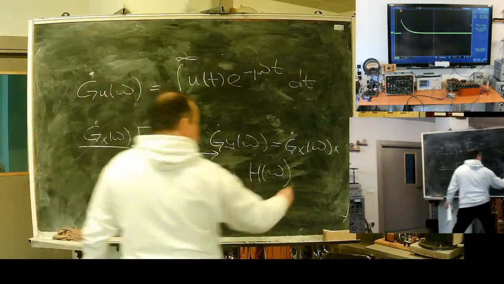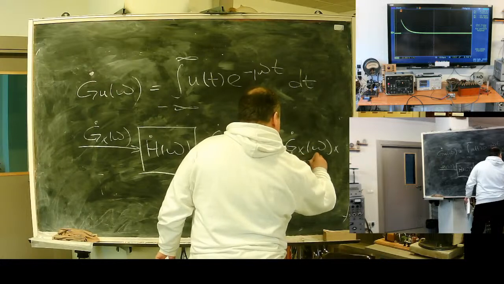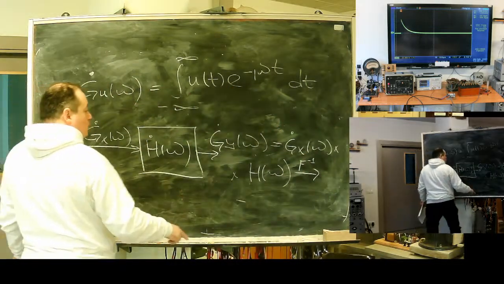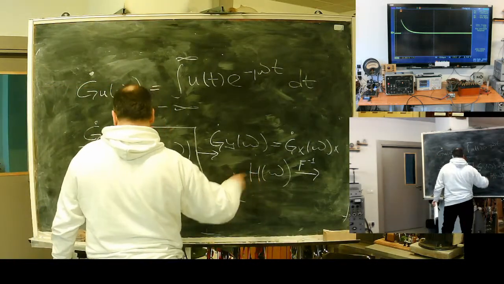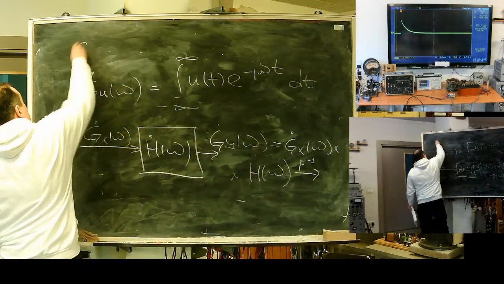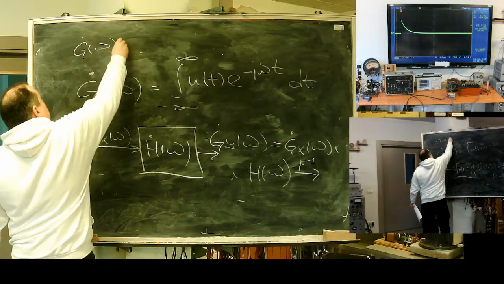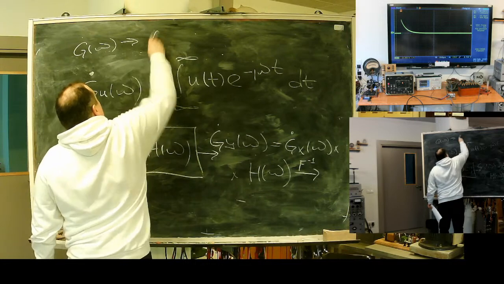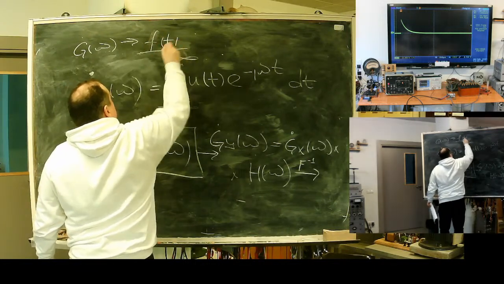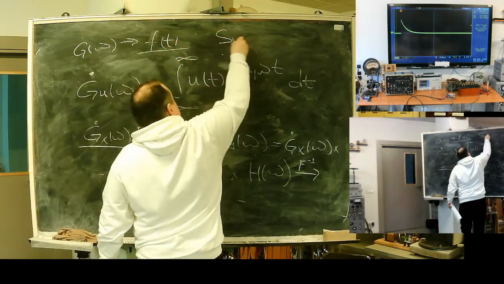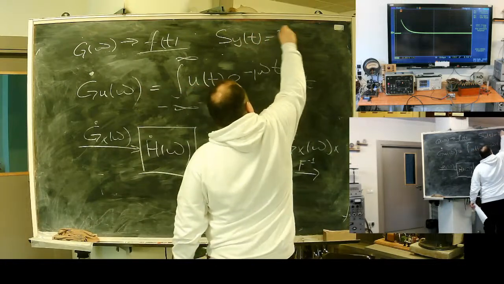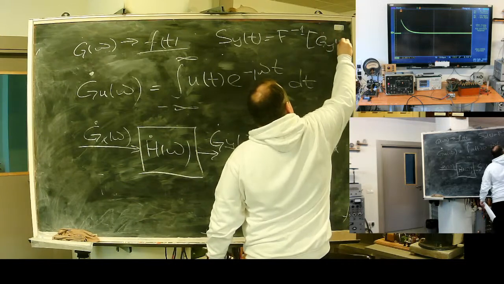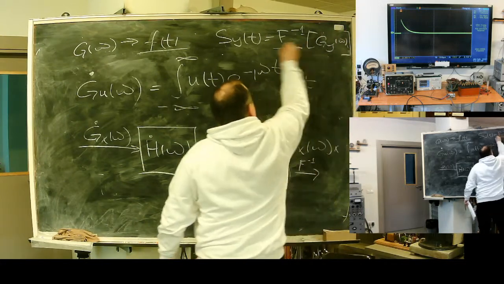We need inverse Fourier transform. We need a way to go back from spectral function to function of time. So we need Sy time will be a result of Fourier transform from output frequency function. We need this transform.